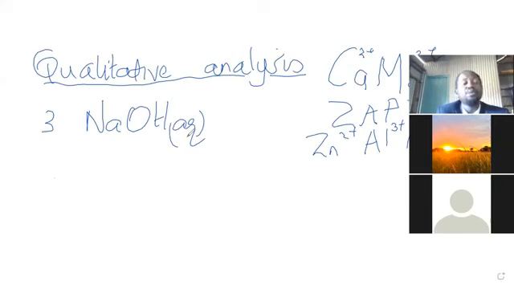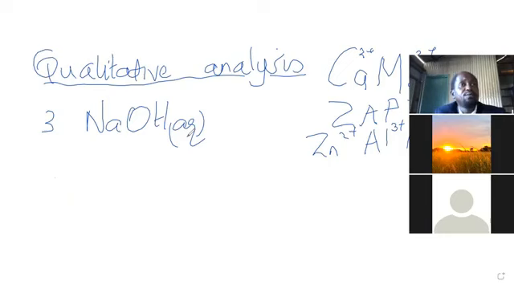And here it would be CAM, calcium ions or magnesium ions present. Third possible observation, white precipitate that dissolves in excess or soluble in excess to form a colorless solution.